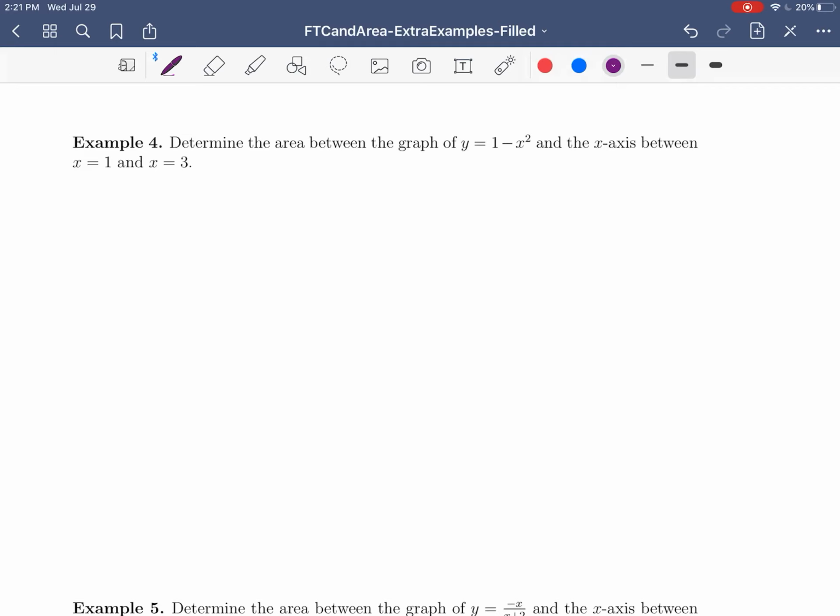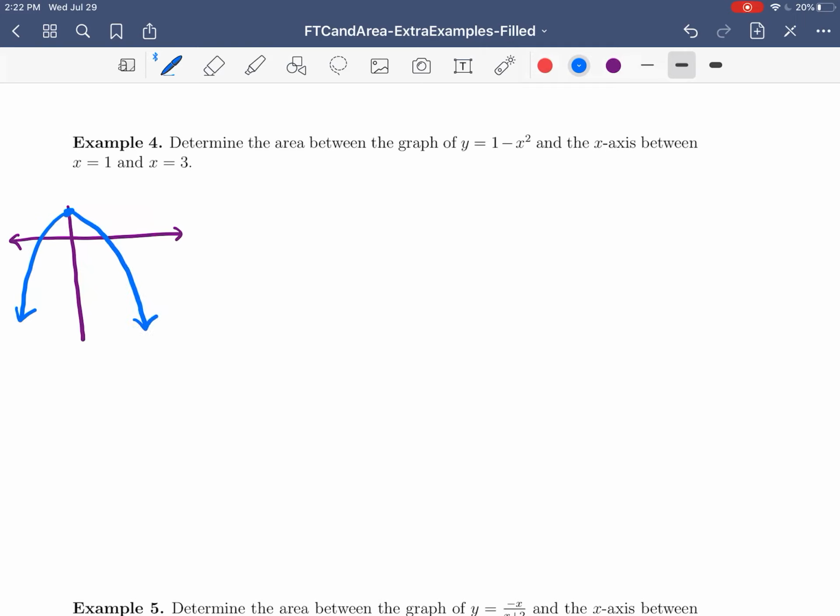So here, I probably don't need a sketch, but we can sketch this one because we should know the shape is a parabola that opens down and that's been shifted up by 1. So our shape looks like that.